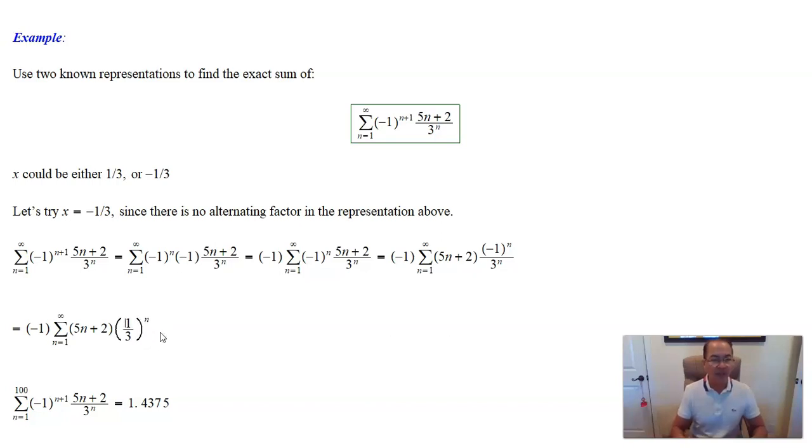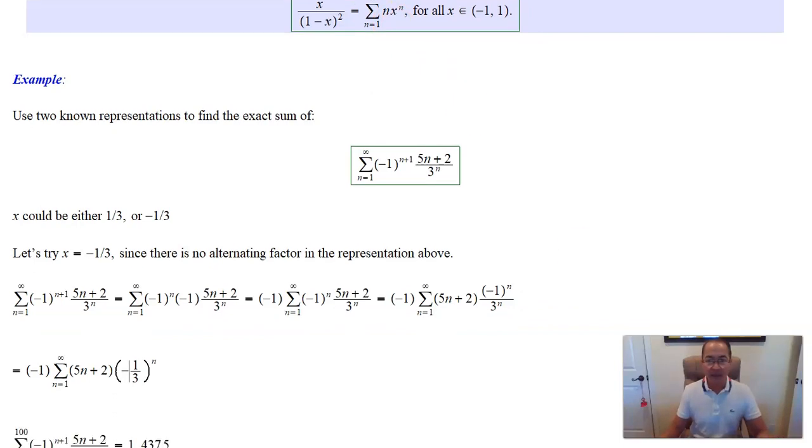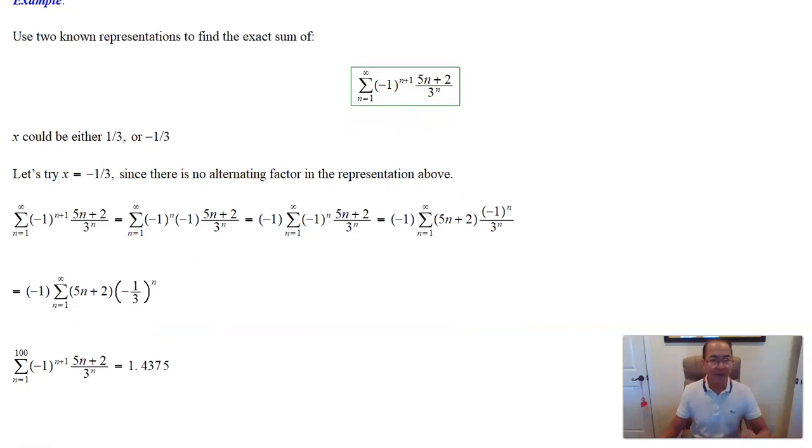And let me put the minus to the left. Here we go. So that's minus 1/3 raised to the power n. Okay, so now it looks like our representation where we have x to the power n. Okay, all right, so let's keep going because we have the n over there, but we also have the +2.